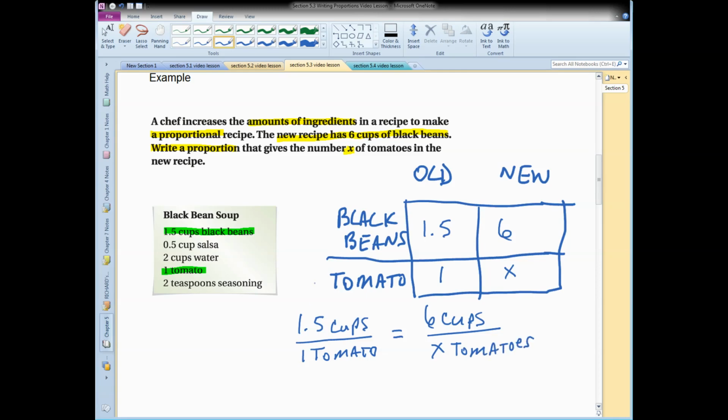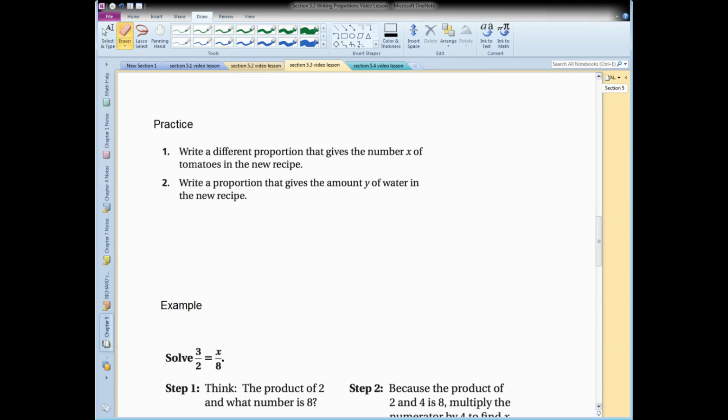All right, so now I have just written a proportion. It's important that you can do that, because then we're going to learn how to figure out what X is. Some of you have probably already figured out what X is. Let's look at these problems here. Write a different proportion that gives the number X of tomatoes.